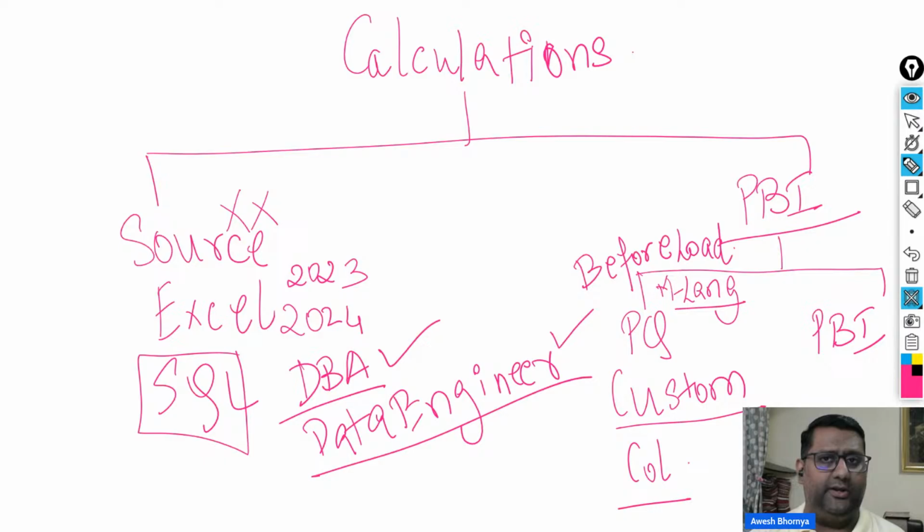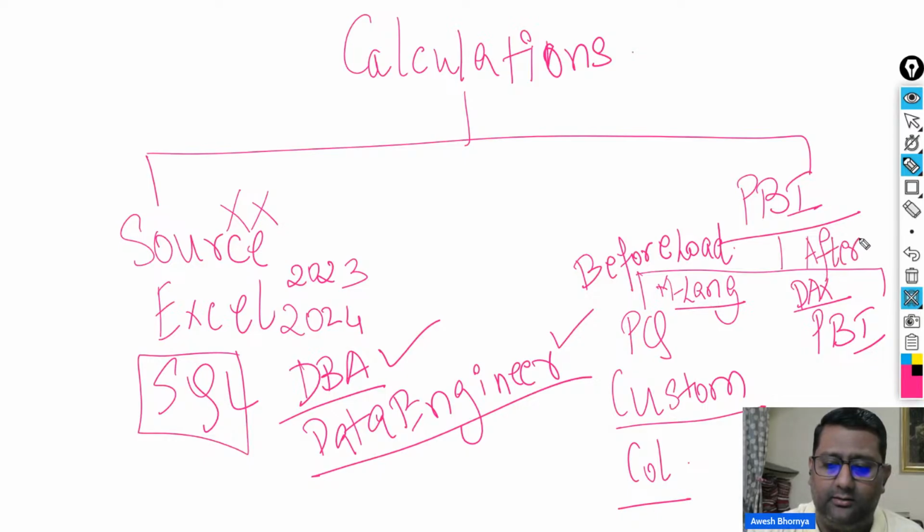On the other hand, Power BI uses the DAX engine, wherein you write your calculations using DAX formulas, and this happens after you have loaded the data.